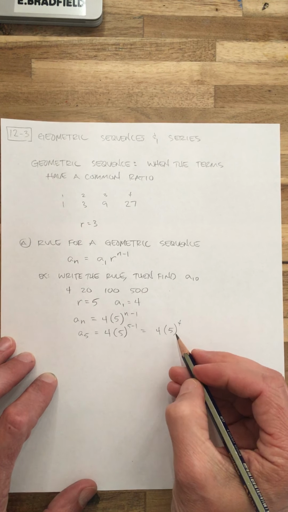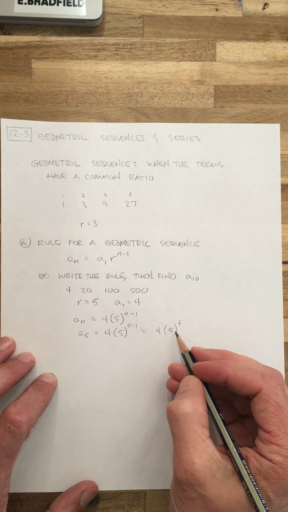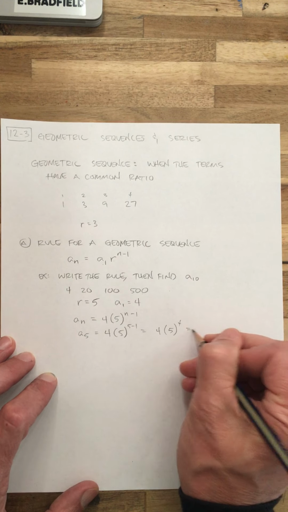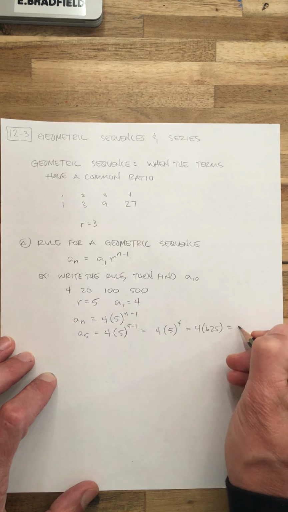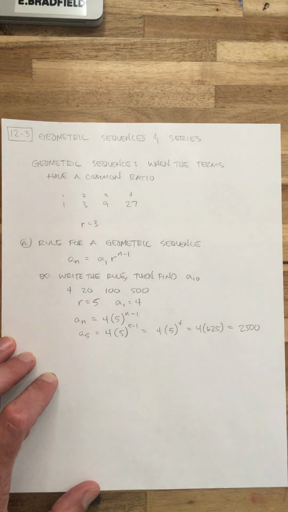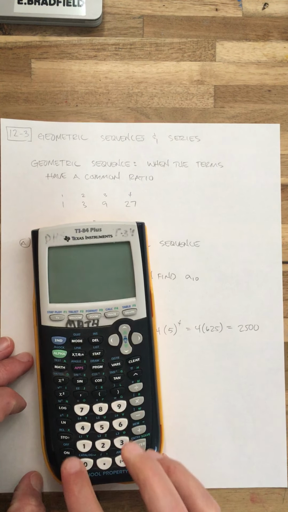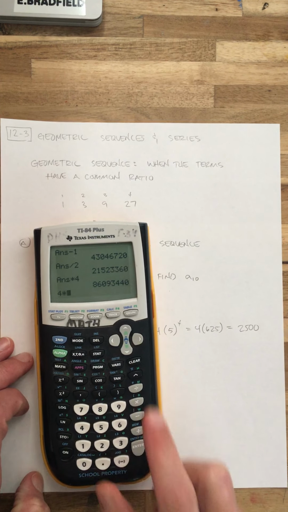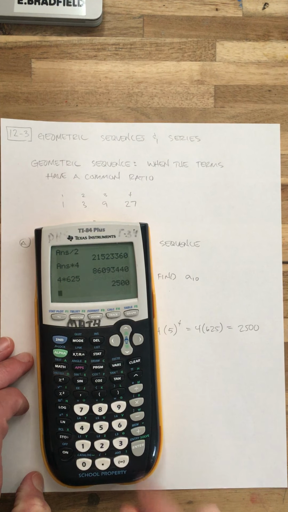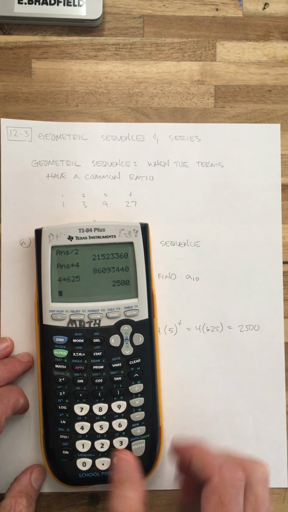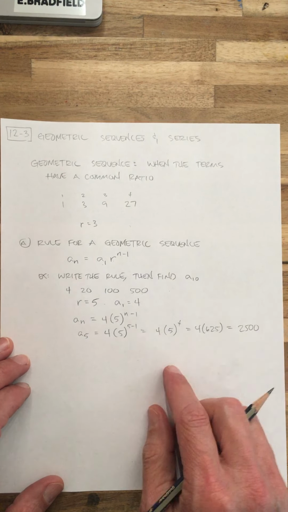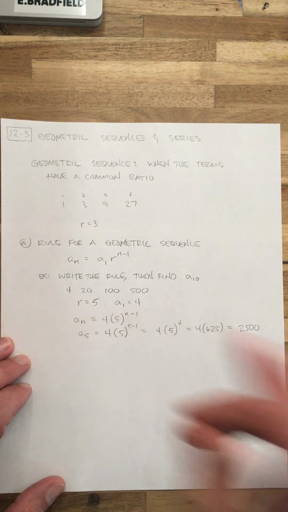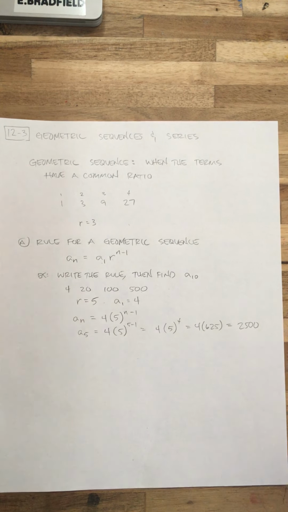I believe that's 625. So this is 4 times 625, and I believe that is going to be 2,500. I'll check just to make sure. 4 times 625 is 2,500, just as predicted. You could do the same thing with the number 10. I know I said find the 10th term, but let's just find the 5th term to show you that it works.